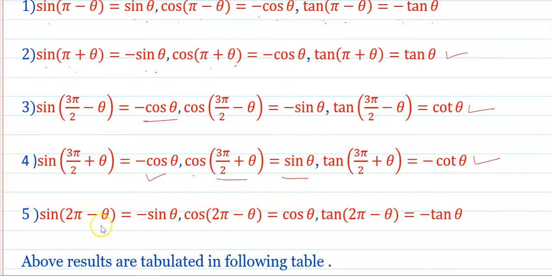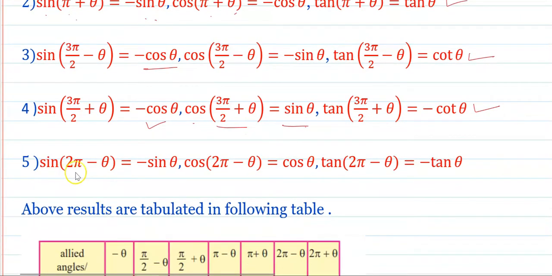Next, sin of 2 pi minus theta. Okay, now again whenever there is an integral multiple of pi, the function remains as it is. म्हणजे साइनचा साइन आहे, कॉसचा कॉस आहे, टॅनचा टॅन आहे. ओके, and it gets the sign where this trigonometric function lies. आता 2 pi minus theta, it lies in the fourth quadrant and in fourth quadrant only cos is positive, and hence first of all sin of 2 pi minus theta function remains as it is. कोणत्या क्वाड्रंट मध्ये राहतो साइन तर फोर्थ and hence it has a minus sign.